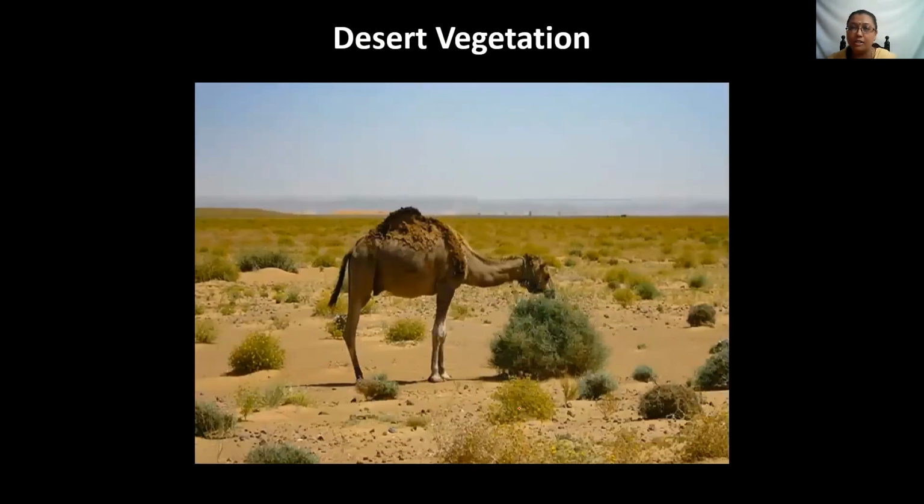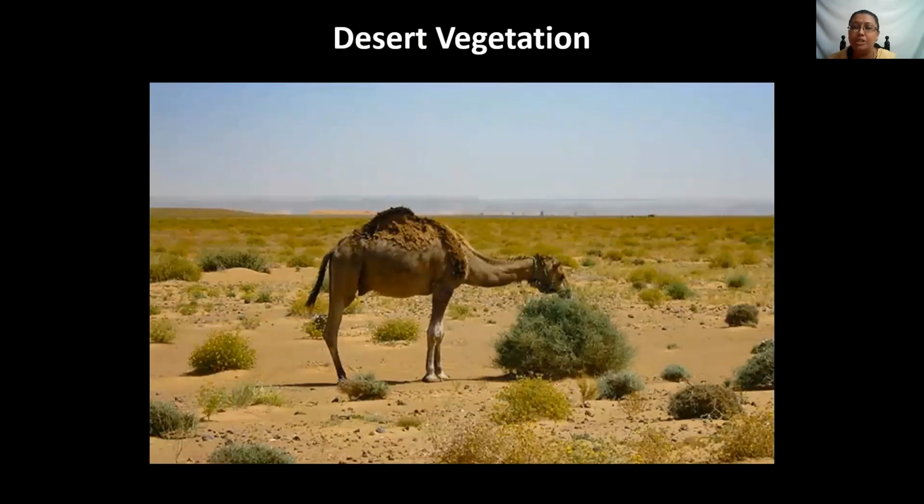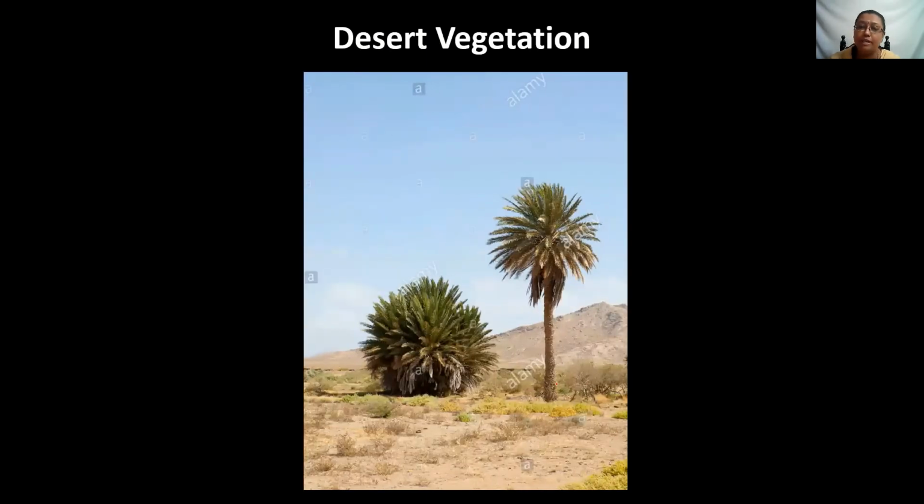And they have thorns. And this is a thorny shrub or bush. Okay, these are eaten by the animals. And then, of course, we have palm dates and all. These kinds of palm dates you can find near the oasis area where you have a little amount of water. So these are the points on desert vegetation.